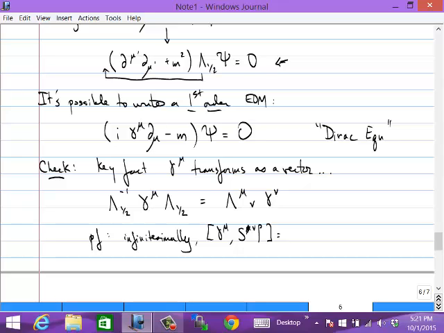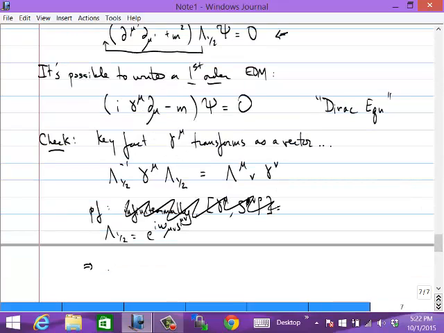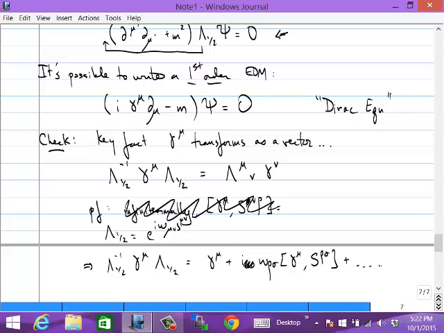Because, here, let me write that a little bit more explicitly. So lambda to the 1/2 is e to the i omega_{mu nu} S^{mu nu}. So that implies that lambda to the 1/2 inverse gamma^mu lambda to the 1/2 is gamma^mu plus i omega_{rho sigma}, times the commutator of gamma^mu with S^{rho sigma}, plus higher order terms in omega.